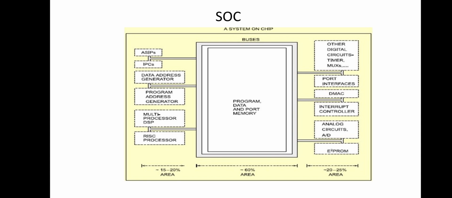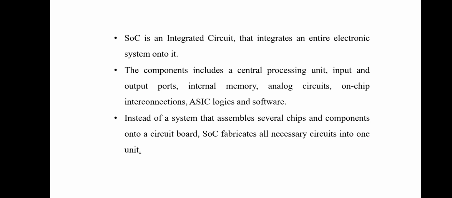Next is system on a chip, that is SoC. SoC consists of input output ports, mainly CPU, internal memory, analog circuits, on-chip interconnections, ASIC logic, and software. SoC is an integrated circuit that integrates an entire electronic system onto it.